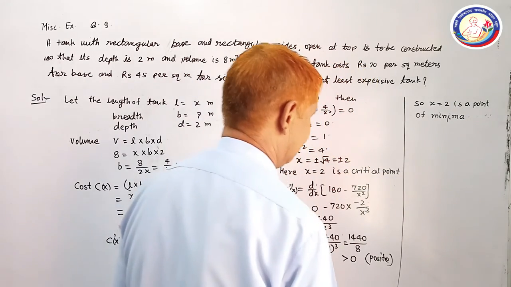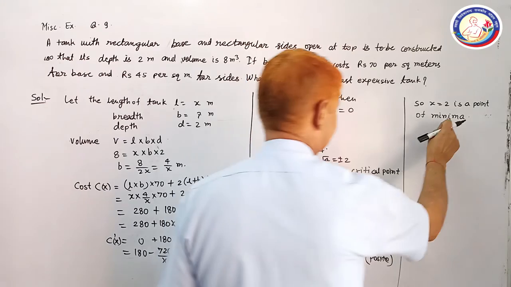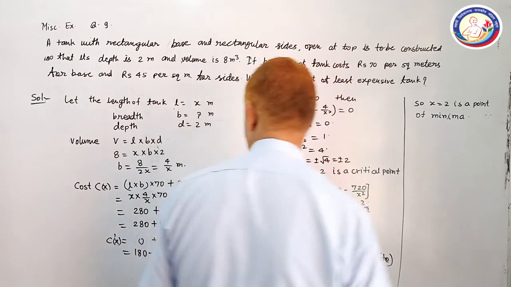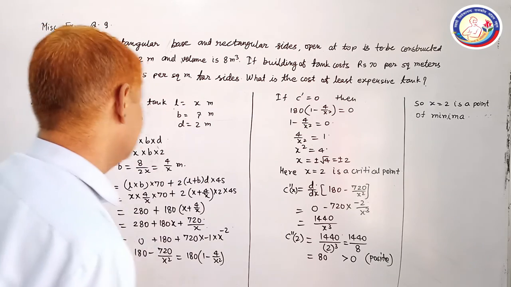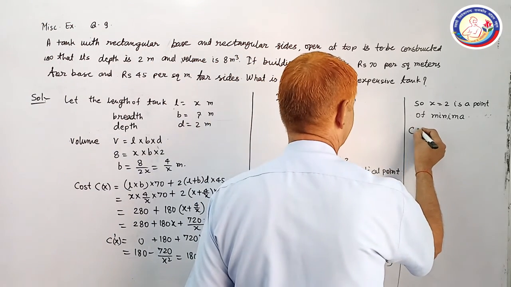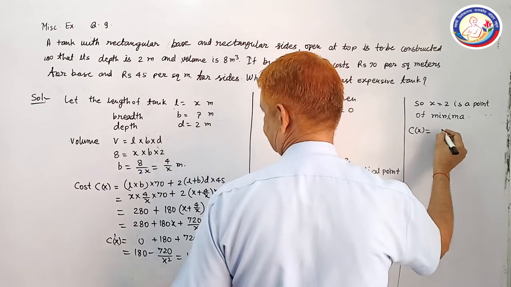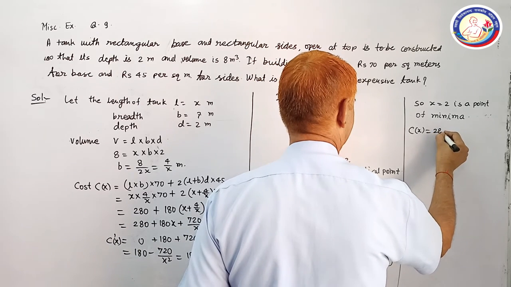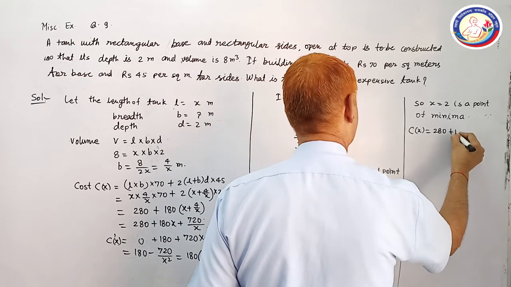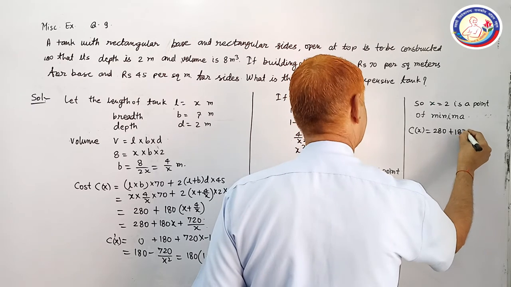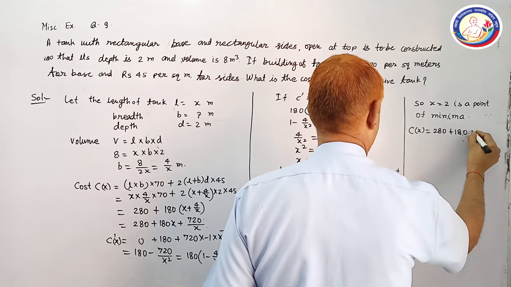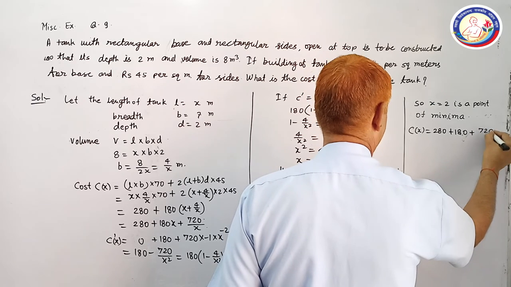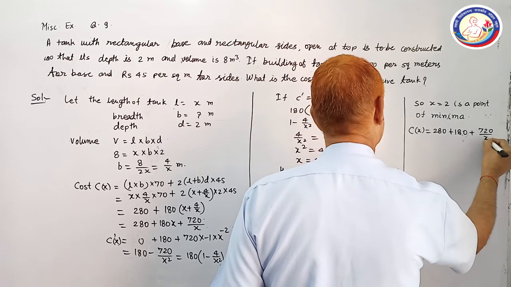And we can find the minimum cost by substituting x equal to 2 in the cost function. So the cost function is C(x) equal to 280 plus 180x plus 720 divided by x.